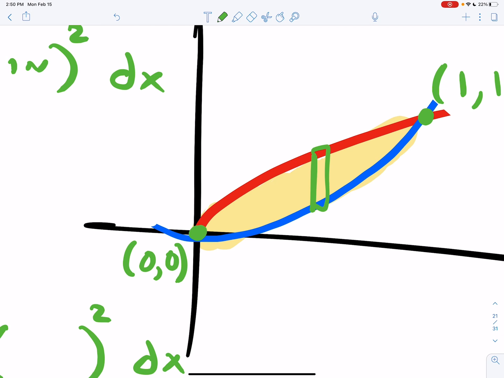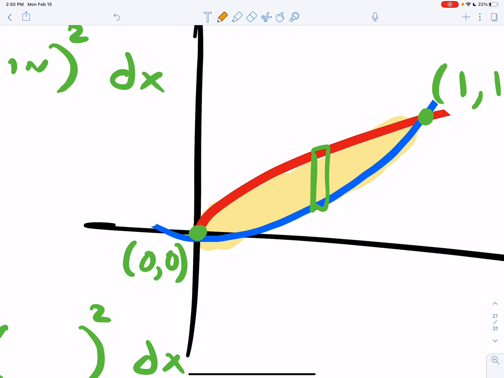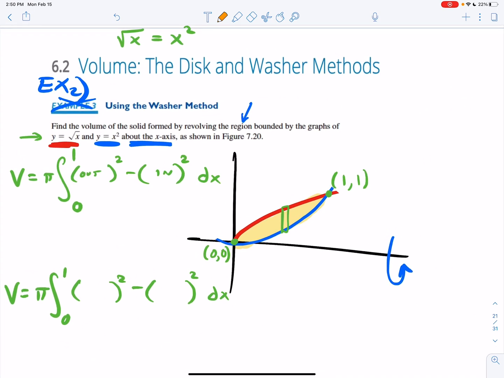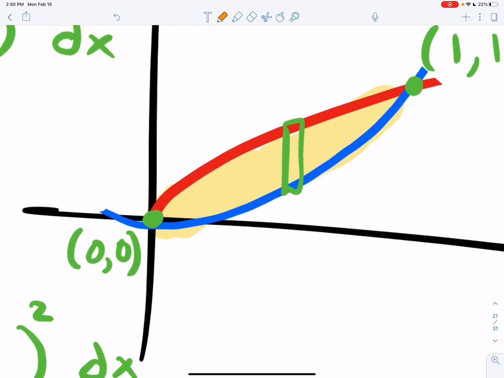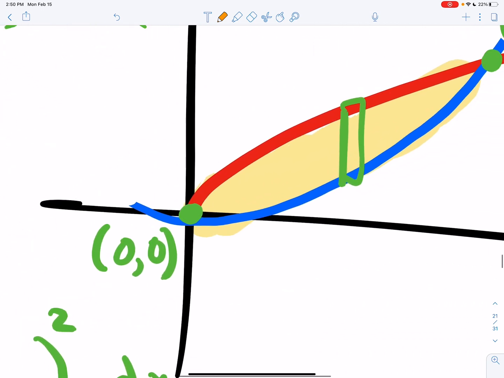Your outside radius will always start from your axis of revolution. My axis of revolution happens to be the x-axis, so I am going to start here and keep going up, and I'm going to stop when I'm about to exit the region. When I'm about to go out of the region, which is right there, that is my outside radius.